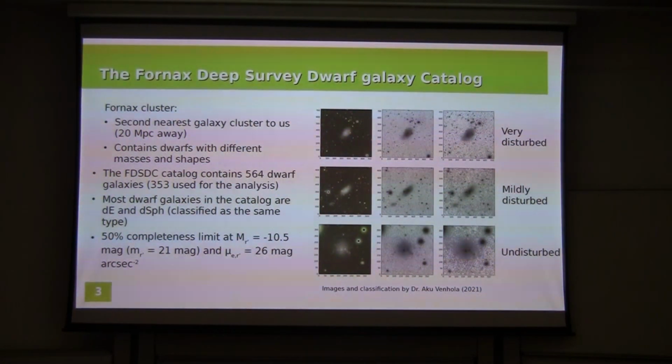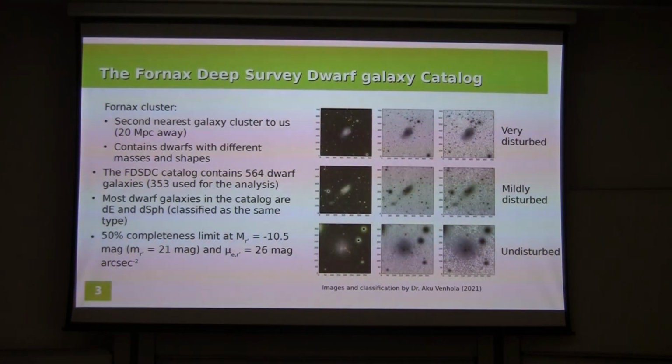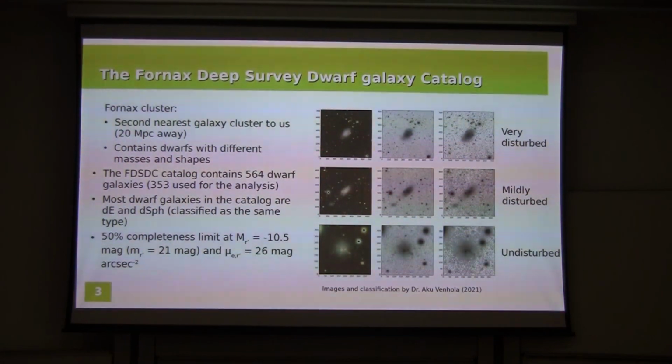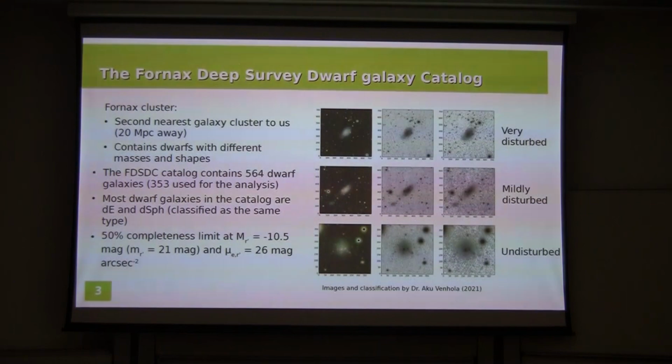As maybe you can see in these three examples, the dwarfs in the Fornax Deep Survey catalog are classified depending on their morphologies as very disturbed, mildly disturbed, and undisturbed.